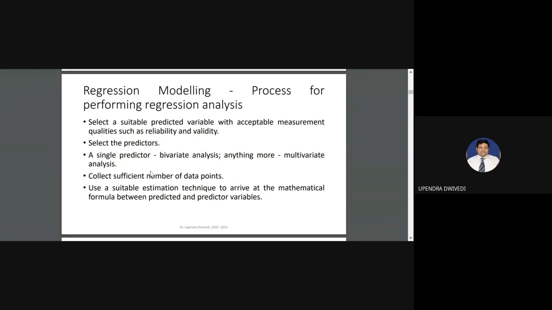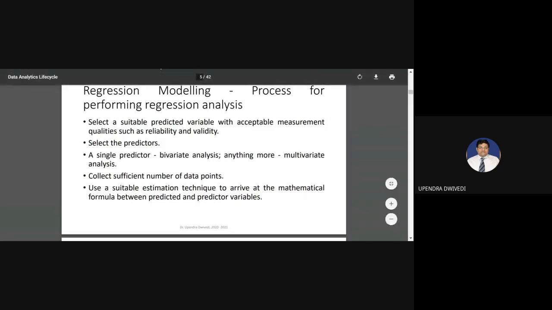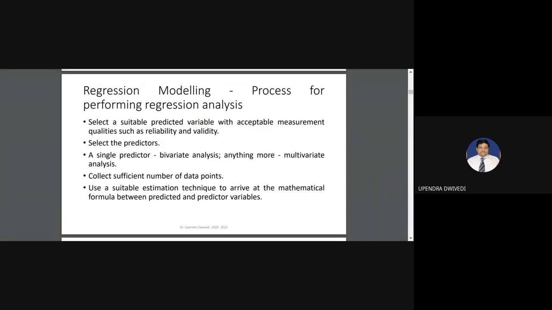We have to collect a sufficient number of data points, and we have to use a suitable estimation technique to arrive at a mathematical formula. Here, a suitable estimation technique means we can apply machine learning approaches. We can apply various estimation algorithms to predict the relationship between the predicted and predictor values.